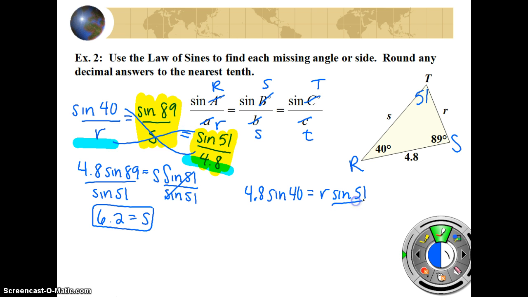I divide by the sine of 51 to get R by itself. And then we're going to press in our calculator 4.8 times the sine of 40 equals, divided by the sine of 51. And we're going to get that R is equal to 3.97, which is going to round to 4. So I'm going to let R equal 4.